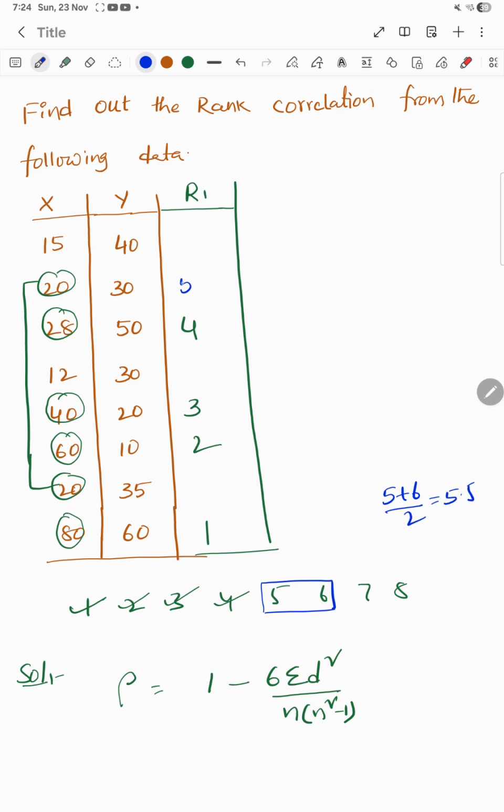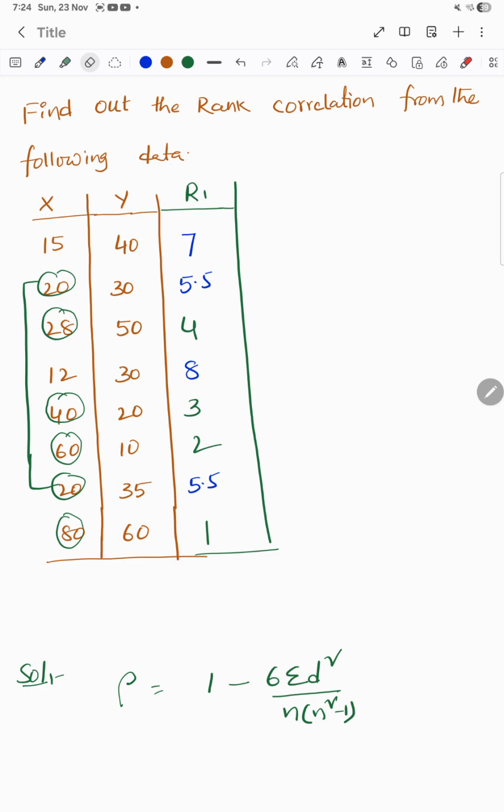So we give 5.5 to each. But do remember 5, 6 ranks are over, so the next highest, 15, is given 7th rank, and the next, 12, is given 8th rank. These are the ranks for variable x.